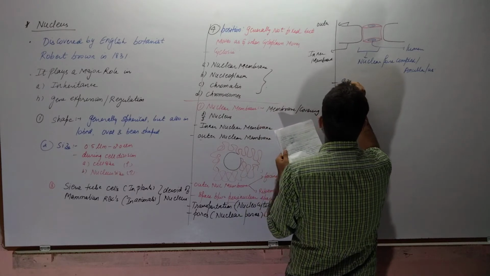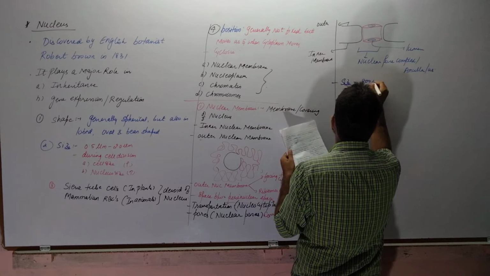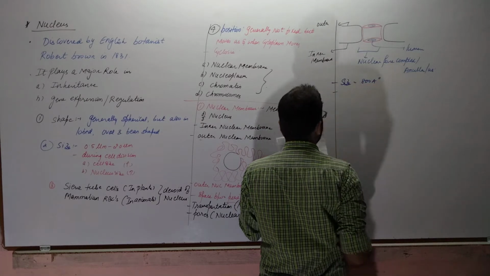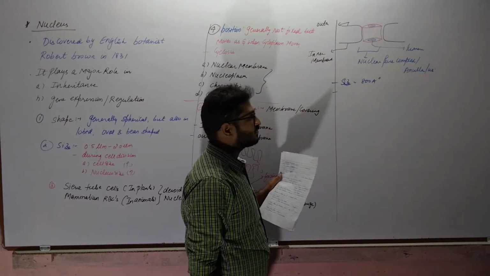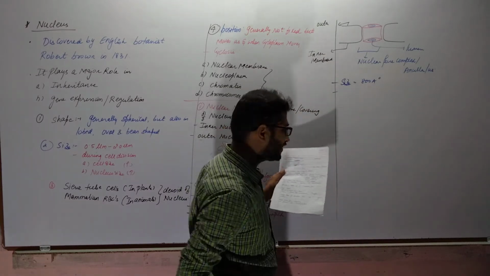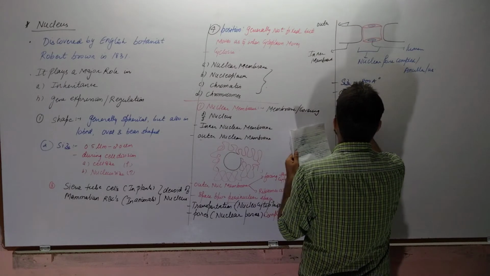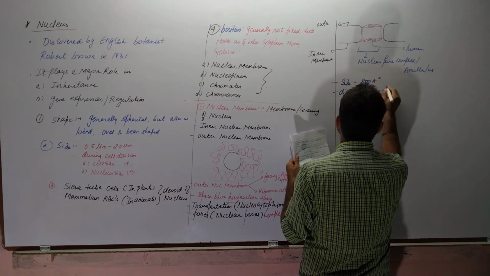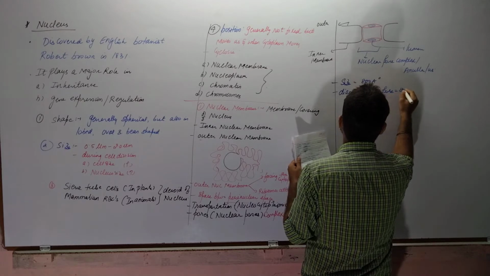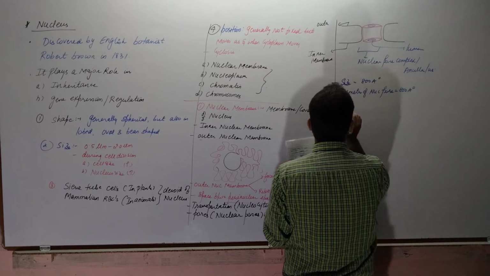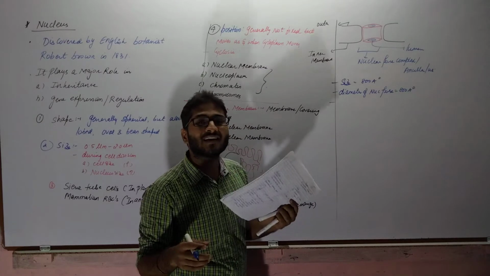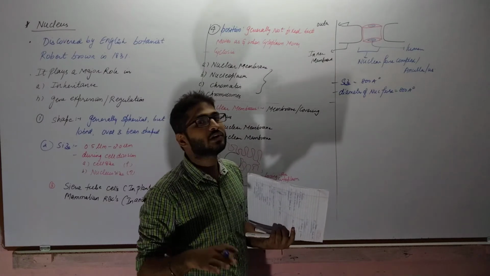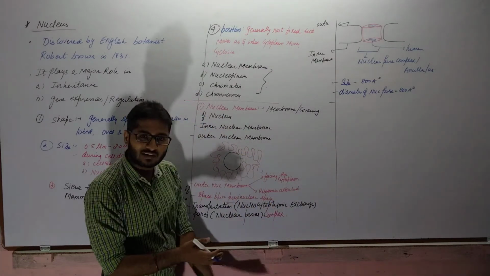The size is 800 angstrom. That means the nuclear membrane size we are talking about. So we can consider that the diameter of the nuclear pore is also 800 angstrom. But this entire 800 angstrom is not involved in the nucleocytoplasmic exchange.